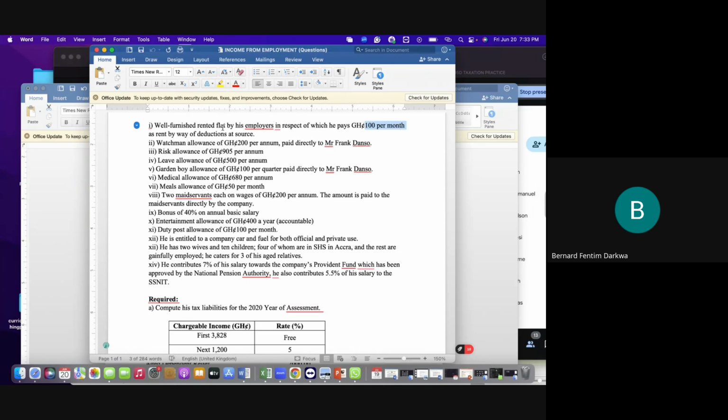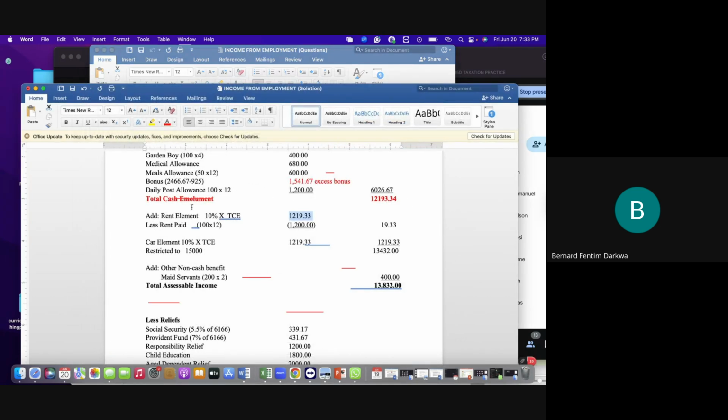So he said that the well furnished flat is rented by his employer, in respect of which the employee pays 100 cedis per month as rent by way of deduction at source. So when you are solving a question like that, first you calculate 10% on the TCE to know the total amount we are going to charge him for rent.